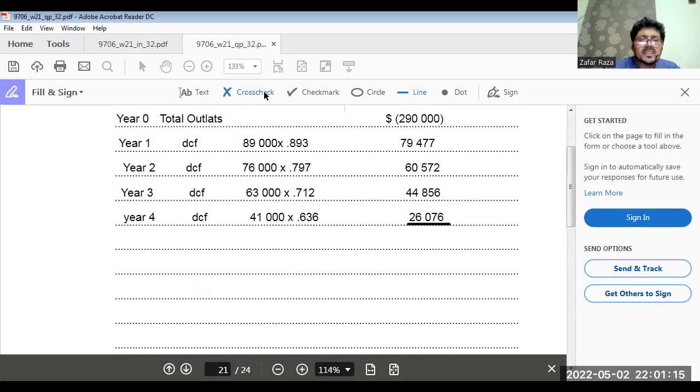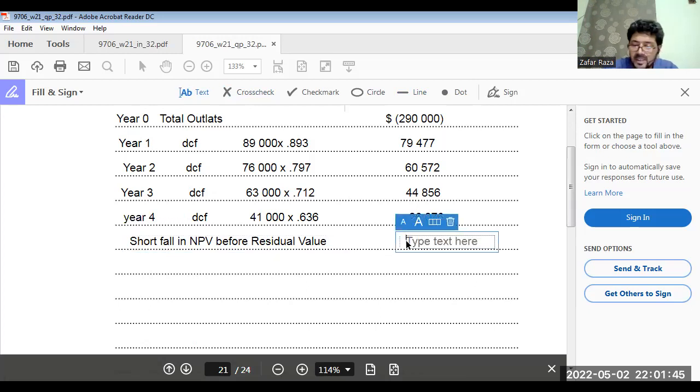It means that we are short of how much? Shortfall in NPV for residual value: 79,019. Okay.